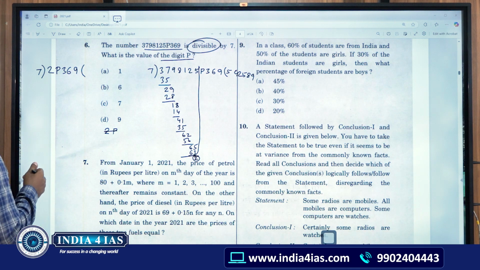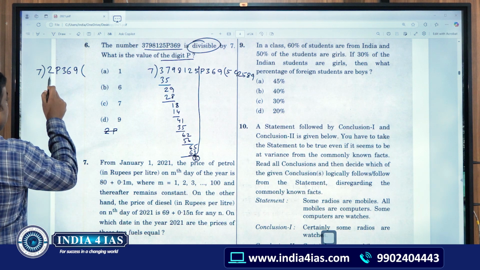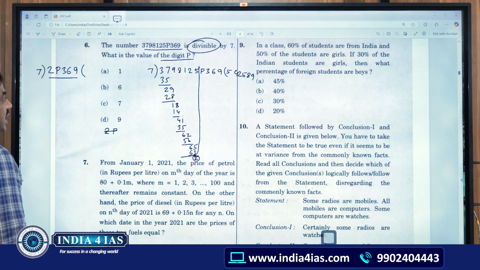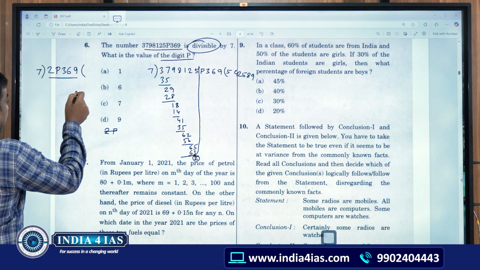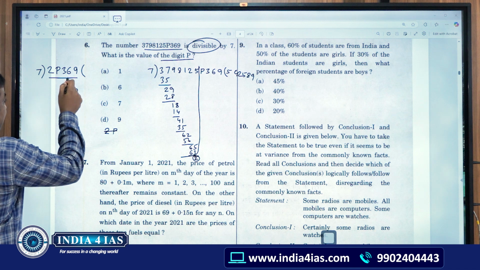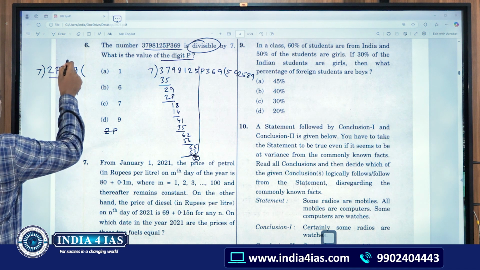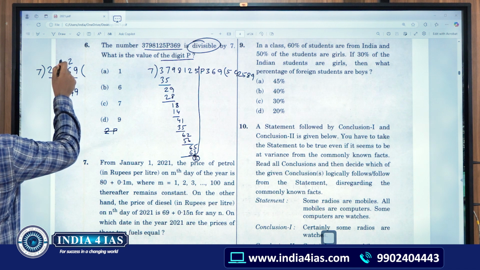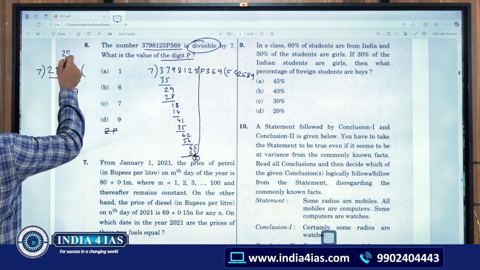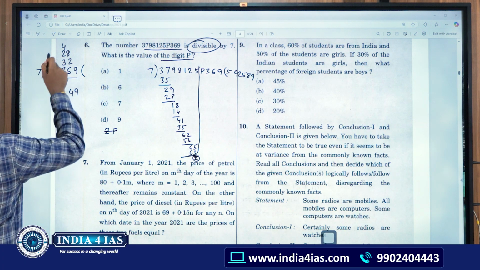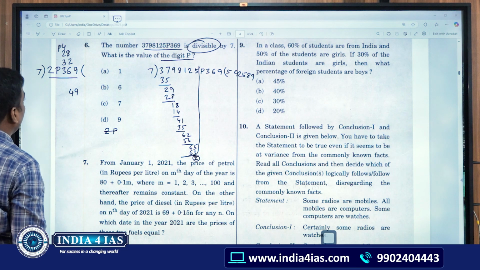Entire this number has to be divisible by 7. In this case, if I go with 9, I will get 7 7s are 49, then 2 will be remaining. Then I'll be looking for 32. 7 4s are 28, then 4 will be remaining. Then I'll be looking for P4.